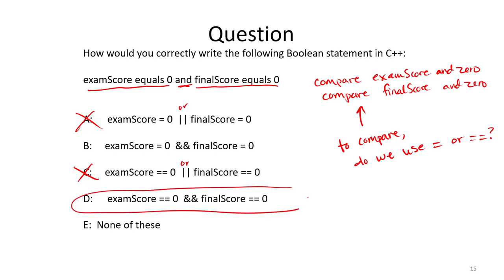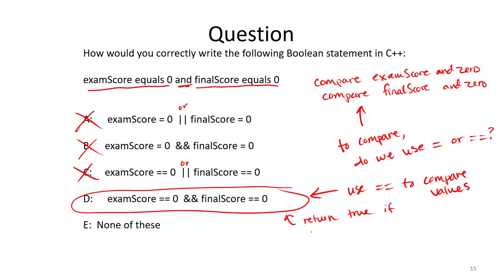Yeah, remember in this case, we need to use double equal to compare values. So here, this statement will return true if both exam score and final score are 0.